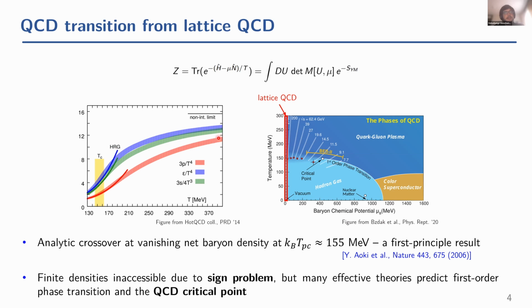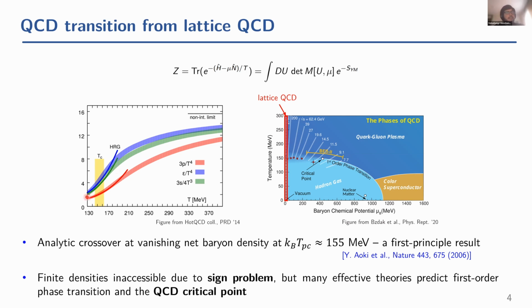On the other hand, at high temperatures, where eventually the limit of a non-interacting quark-gluon plasma is expected, the resulting behavior of thermodynamic quantities is consistent with this approach towards the non-interacting limit. And moreover, one can look at more involved and differential observables to characterize this transition between these two regimes. This transition is smooth.